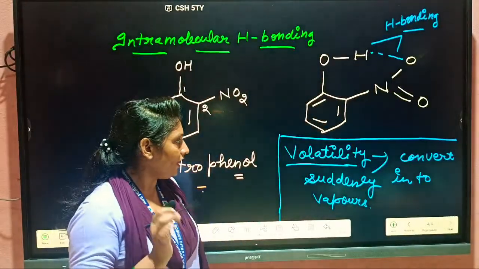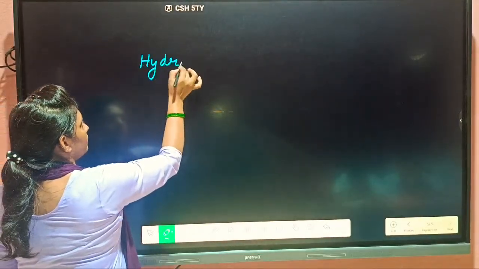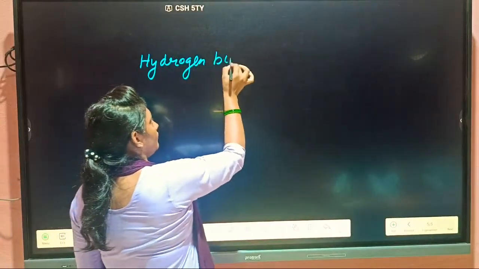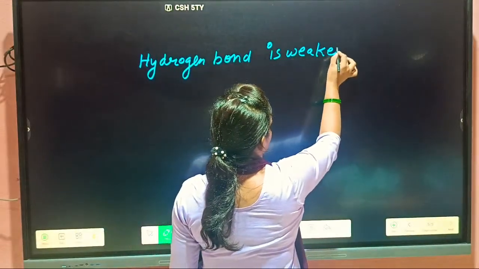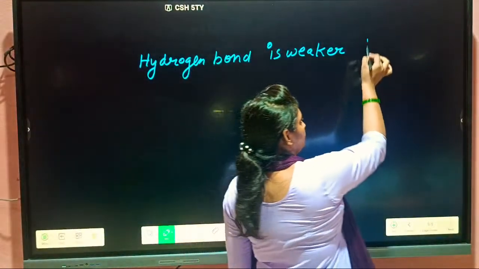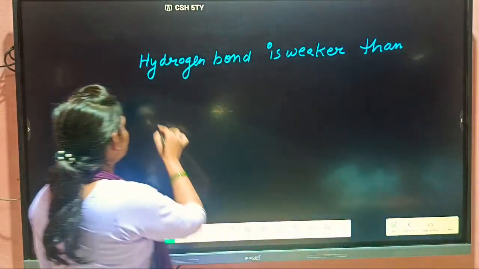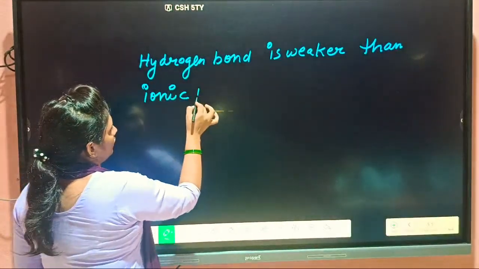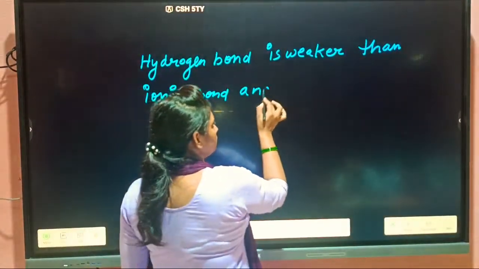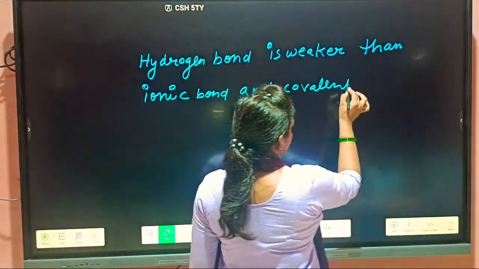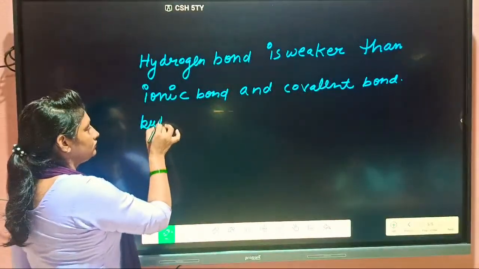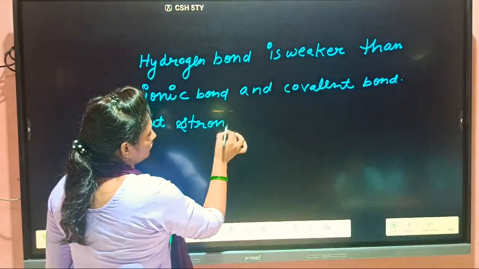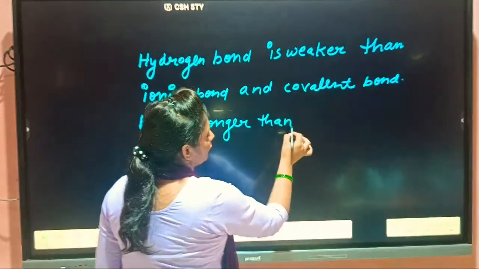But students, if I talk about hydrogen bonding, hydrogen bond is weaker than ionic bond and covalent bond, but stronger than van der Waals force of attraction.